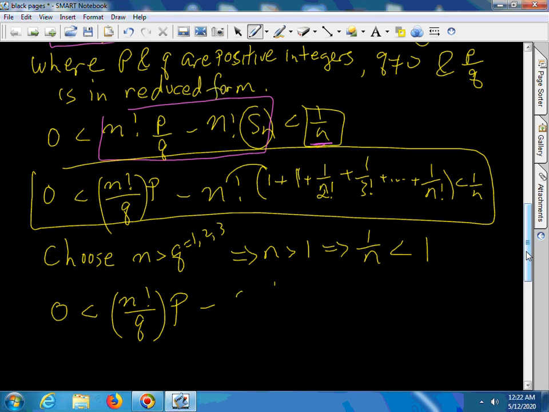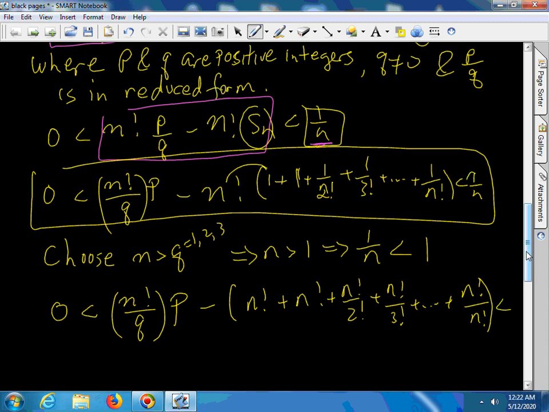So I get n factorial times 1, which is n factorial times another 1, and then n factorial over 2 factorial, and then n factorial over 3 factorial, all the way up to n factorial over n factorial. Remember, this is less than 1 over n, which is less than 1.